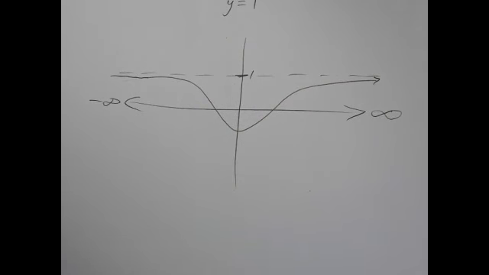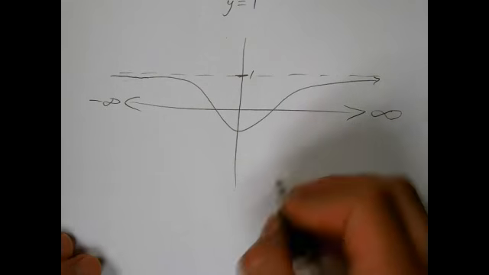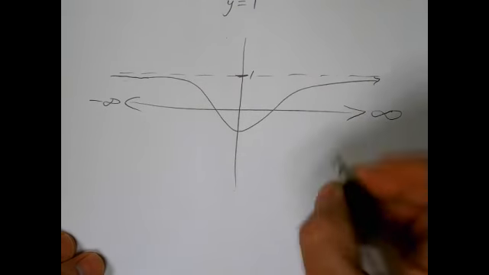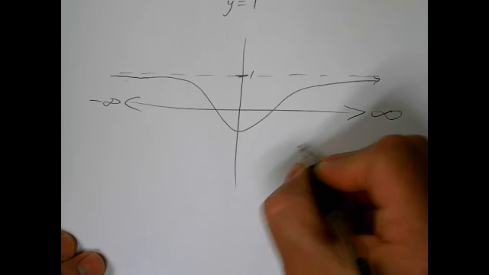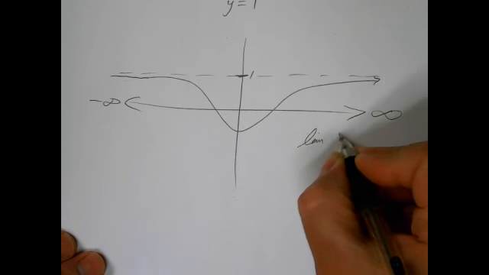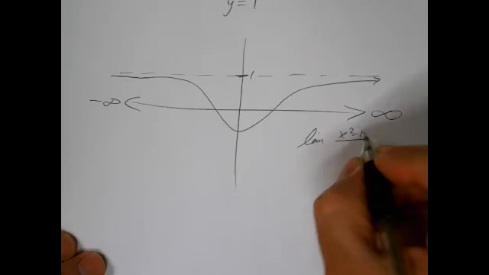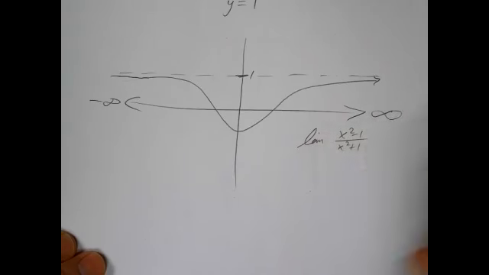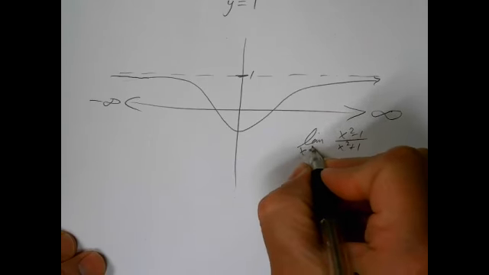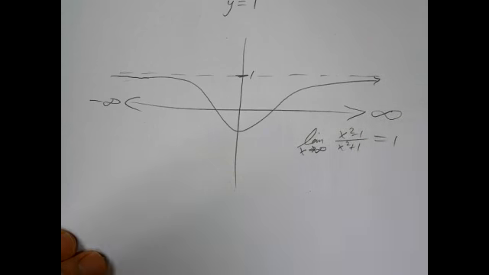In other words, what I'm trying to say is that on this right-hand side, what we're seeing is that the limit of x squared minus 1 over x squared plus 1 as x approaches infinity is equal to 1. This horizontal asymptote discussion that you had in pre-calculus was really nothing but a limit in disguise.